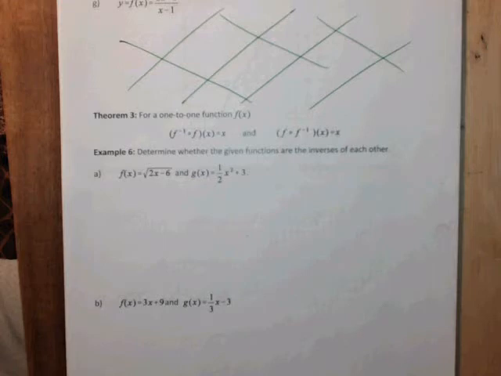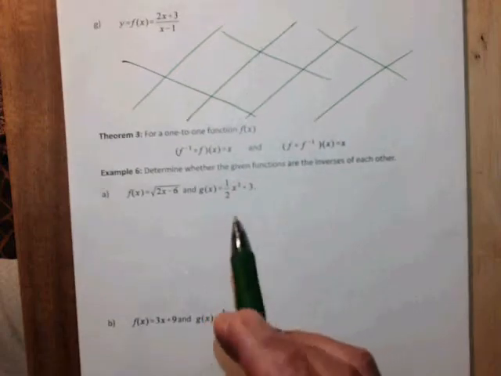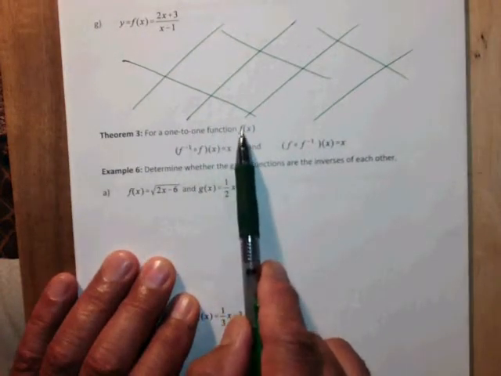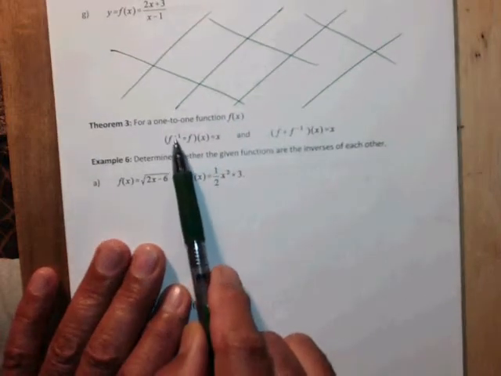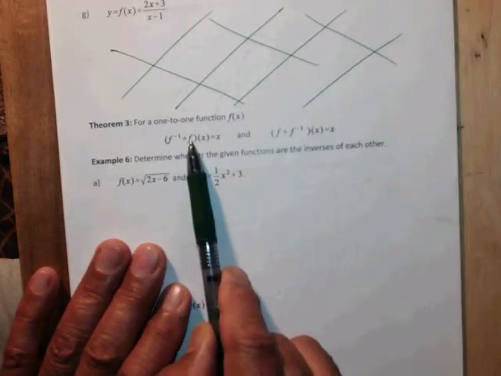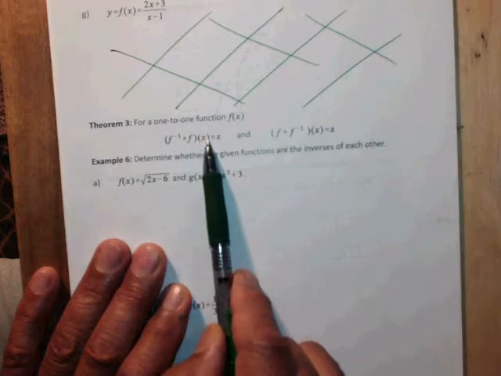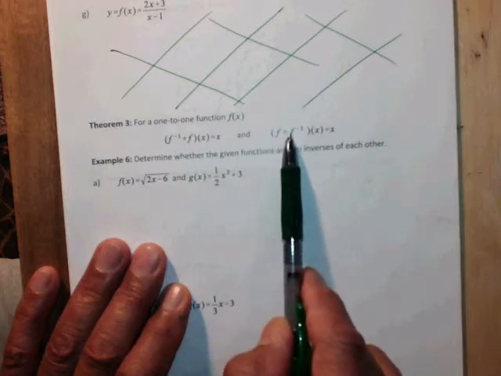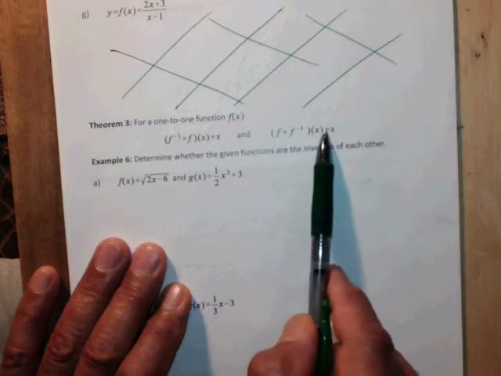So this theorem is very important. Let's understand it and then see how we can do this example. It says if a function f is 1 to 1, then f inverse composed with f at x gives you x, and f composed with f inverse at x gives you x as well.